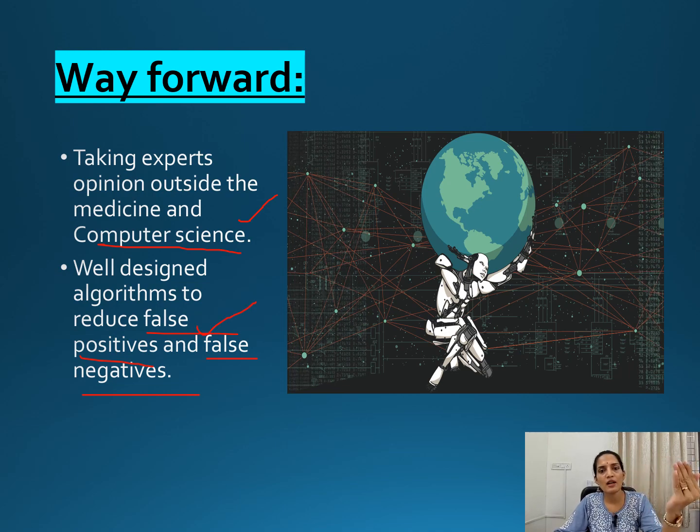If a person went for the scanning and has cancer, but unfortunately the machine is not able to detect the presence of the cancer cells, that is going to be the false negative. Okay, so these kinds of technical glitches can be overcome eventually, with time, right?